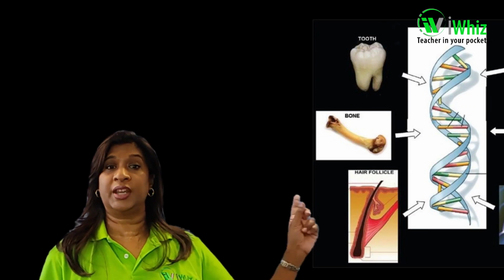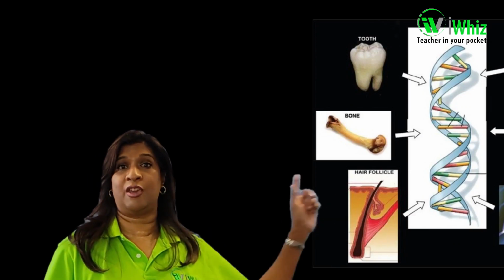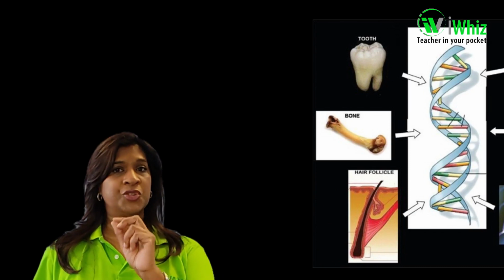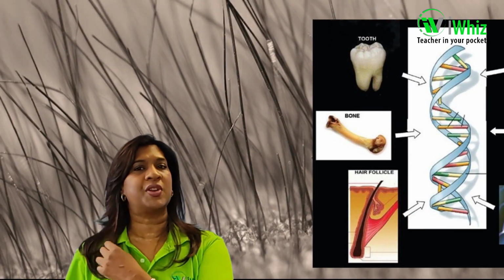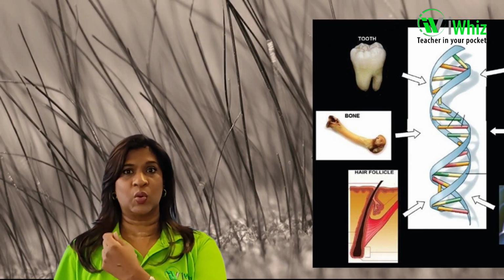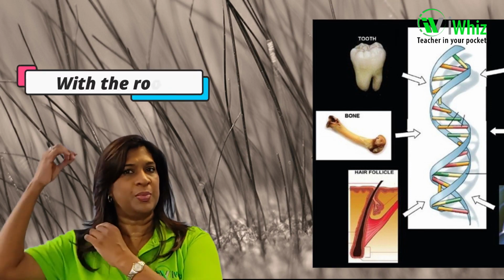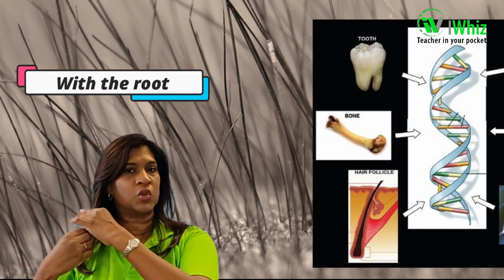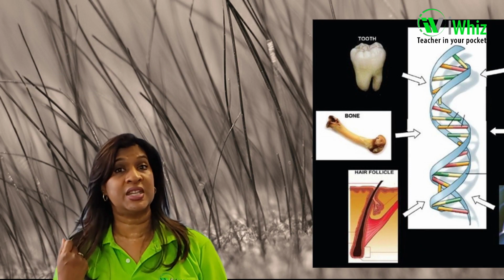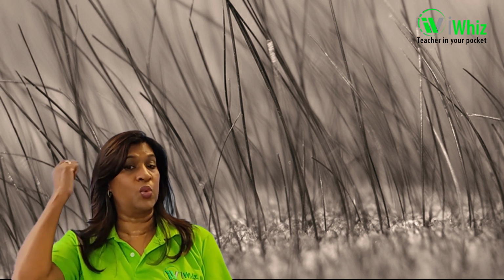We also can get DNA from a hair follicle. Now just remember here, if you are using a strand of hair as the source of DNA, it's got to be with the root, because your strand of hair is merely a protein, keratin, and that doesn't contain DNA. So your DNA would be in the root.